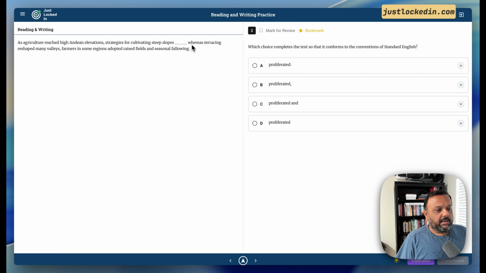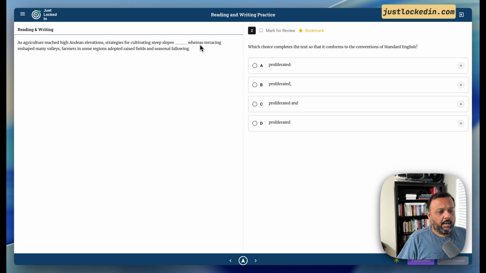All right. So now let's make some sense of what this whole thing is trying to say. As agriculture reached those high elevations in the Andes mountains, a mountain range in South America, in Chile and the country above it, Paraguay maybe, I don't remember, strategies for cultivating steep slopes proliferated. Proliferated means expanded, so a lot of people were using it. That is the statement the first clause makes.